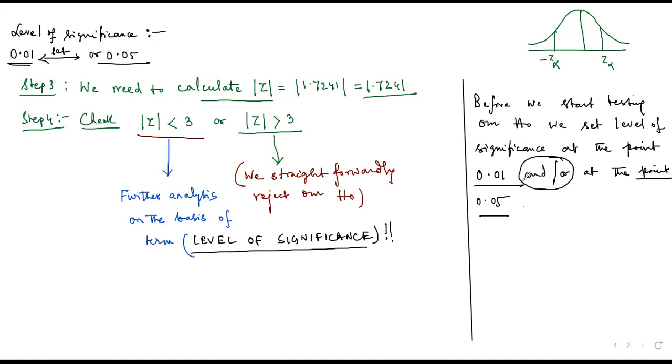I'm writing 'and or' intentionally, I'll explain this particular thing. 0.01 is called 1% level of significance, and 0.05 is called 5% level of significance.